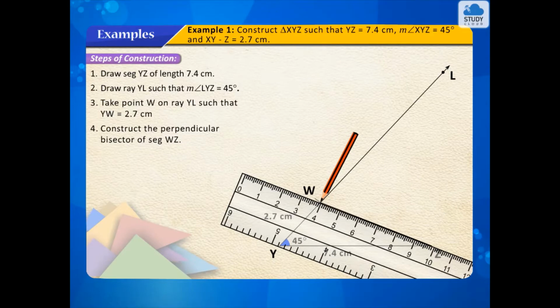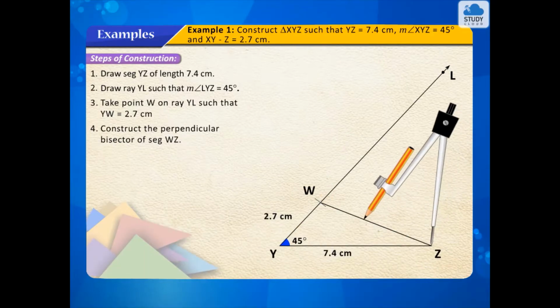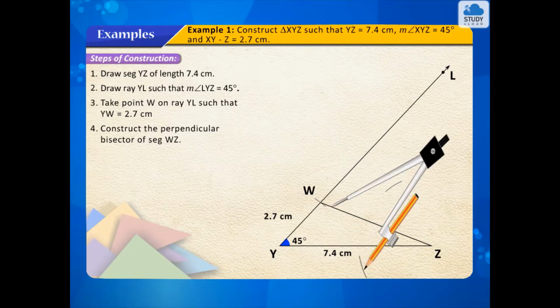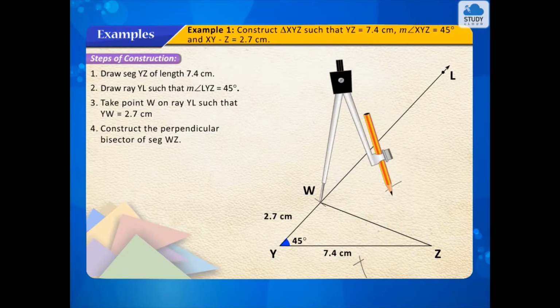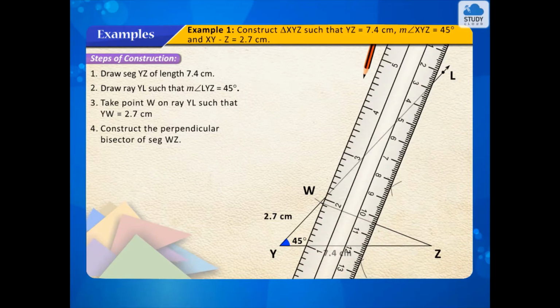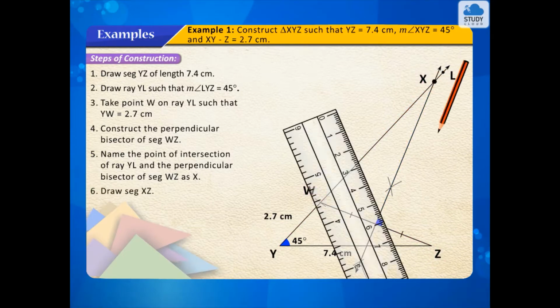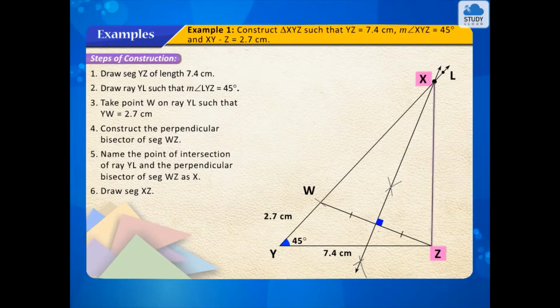Construct the perpendicular bisector of segment WZ. 5. Name the point of intersection of ray YL and the perpendicular bisector of segment WZ as X. 6. Draw segment XZ. Triangle XYZ is the required triangle.